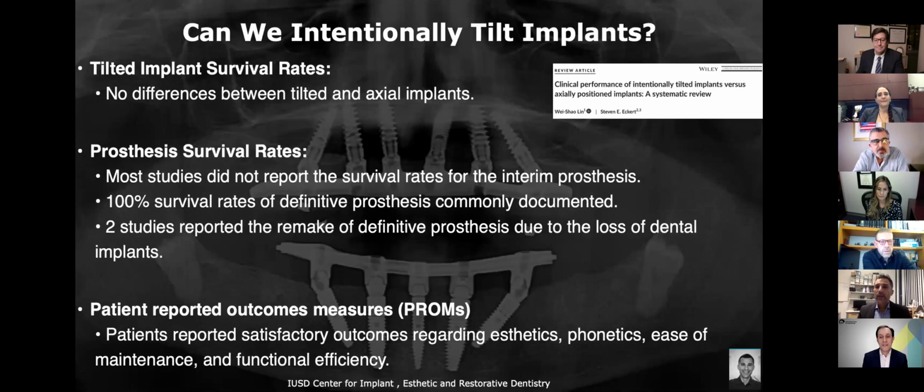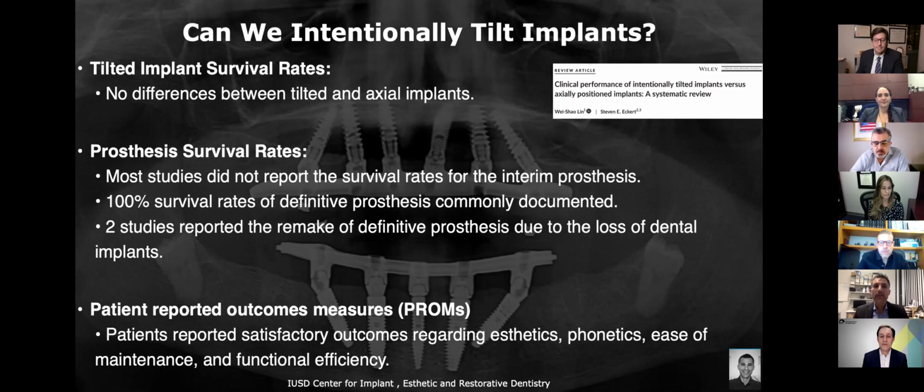Now, we have, again, the current scientific evidence from the recent 6th ITI consensus conference that was held in Amsterdam. And the evidence is clear again, that tilted implant survival rates have no difference from axial implants. The prosthesis survival rates supported by tilted implants and axial implants are no different than the conventionally placed axial implants.